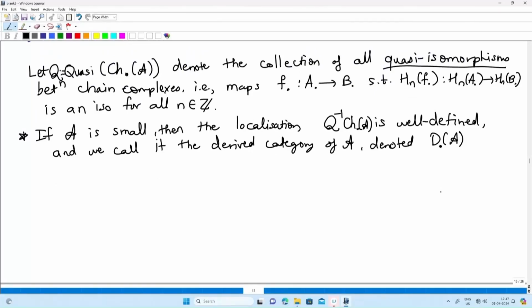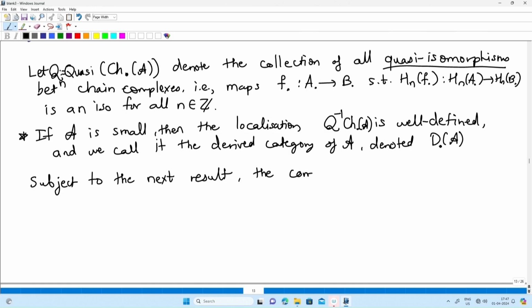Okay, so if A is large, then this Q inverse CH dot A will not be a locally small category. It will go beyond our control. So therefore, the correct definition is this, subject to the next result, which I haven't stated yet.